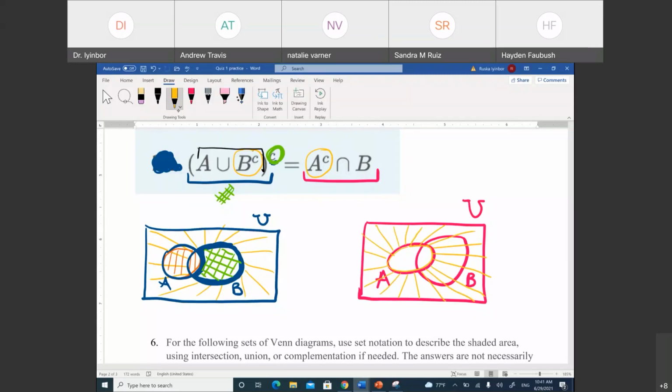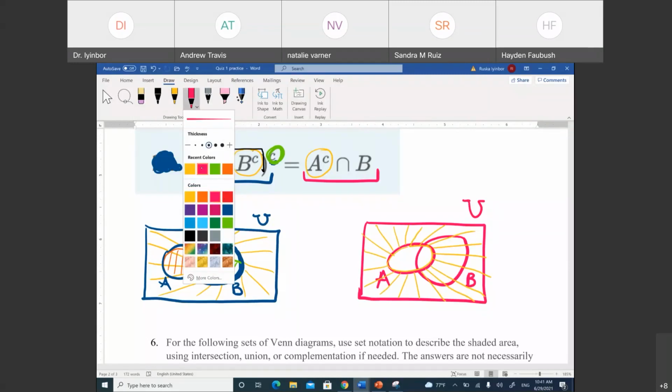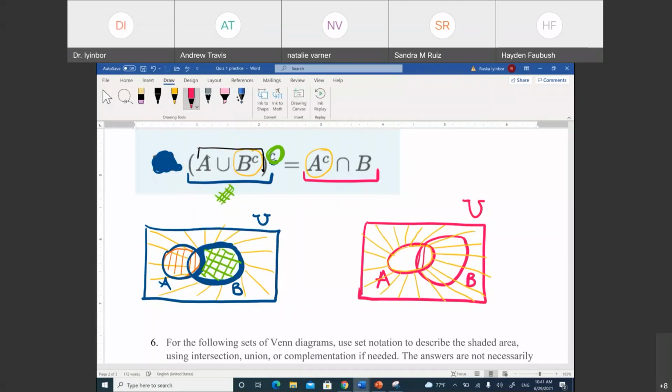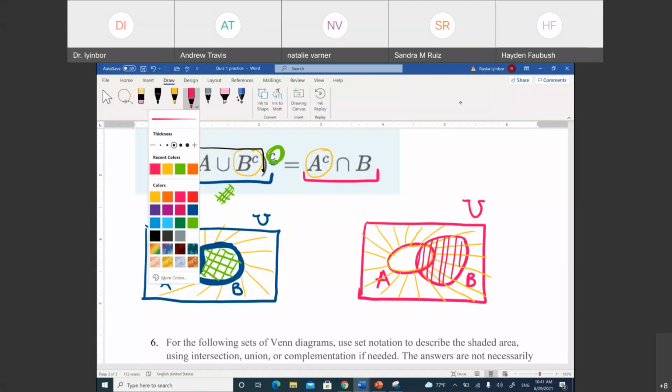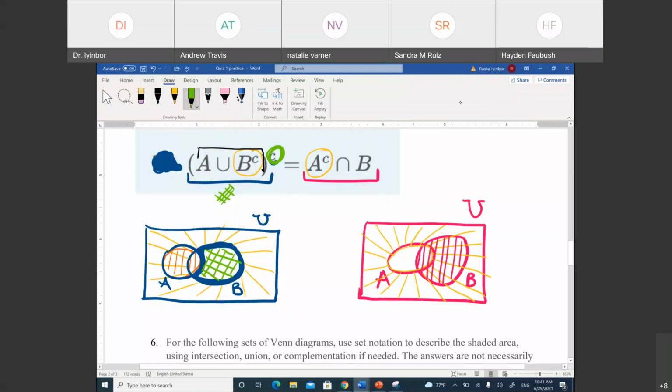Now we need to find where they intersect with B. And this is where B is. So B is over here. Right? This is B. So what is the common part between the yellow and the red? So it looks like it's this area, right? Everybody see that?